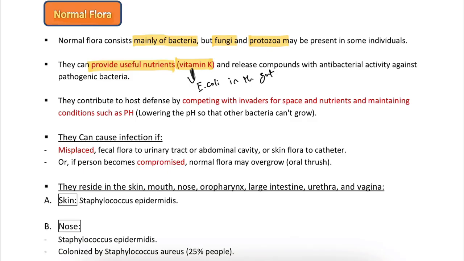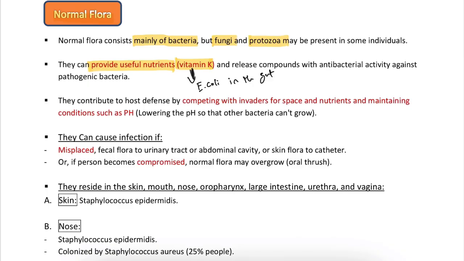Another main function is antibacterial defense. Why? They produce bacteriocins or other antimicrobial compounds, and outcompete pathogens by occupying space and consuming nutrients.